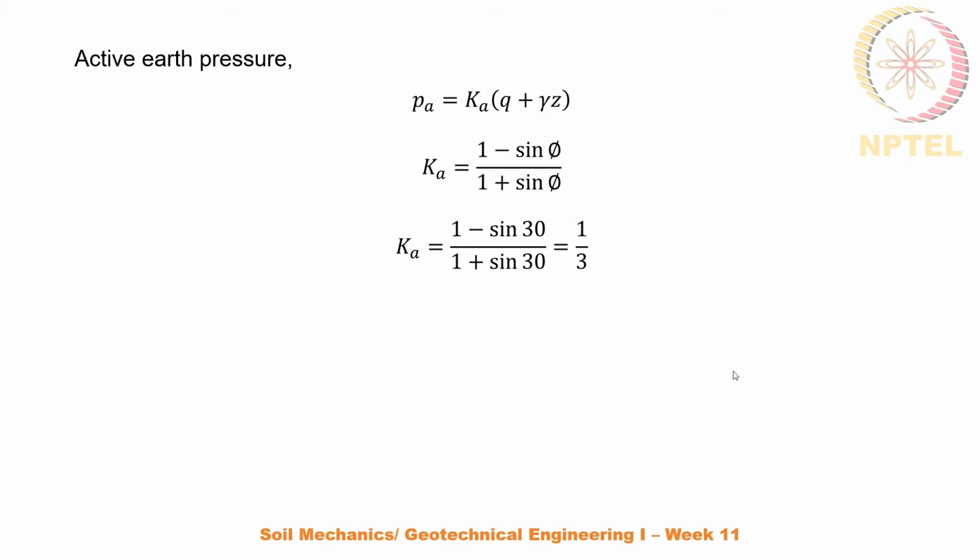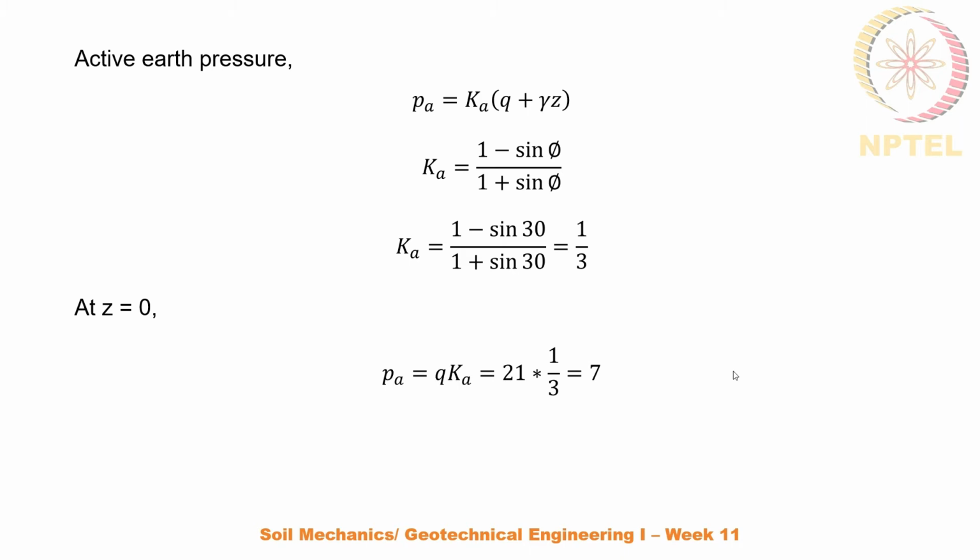Substituting the value of phi, we have Ka, the coefficient of active earth pressure, equal to 1 by 3. Therefore, substituting for the earth pressure at z equal to 0, that is at the surface, we have Pa equal to q into Ka, since the gamma z term vanishes as z is equal to 0.